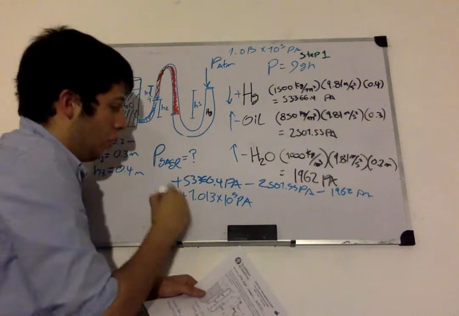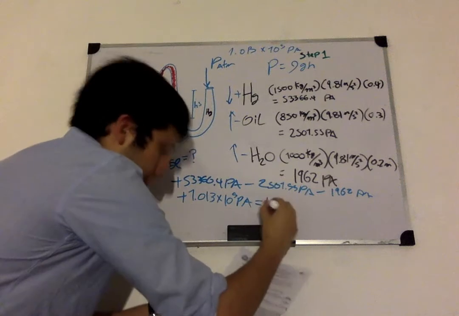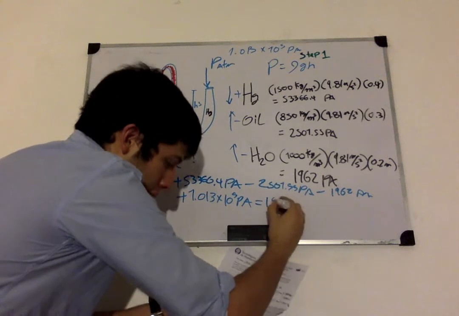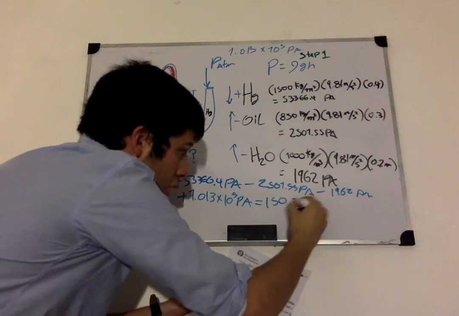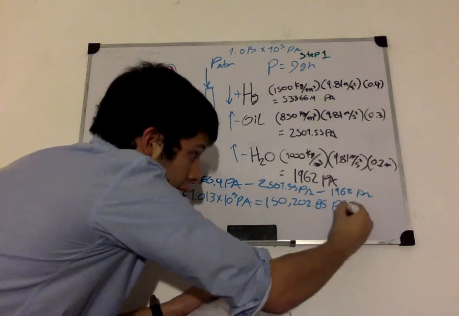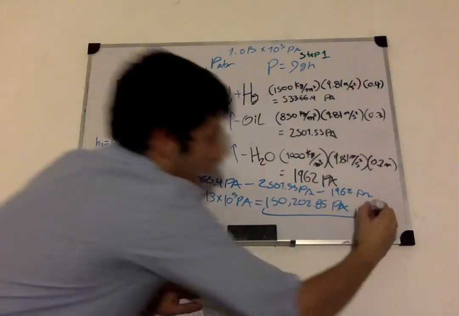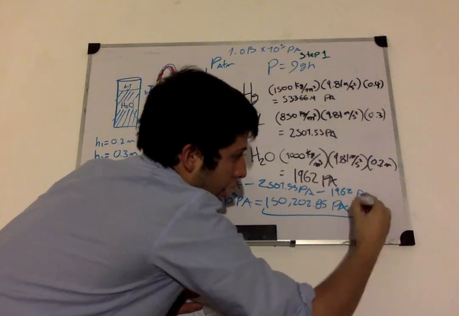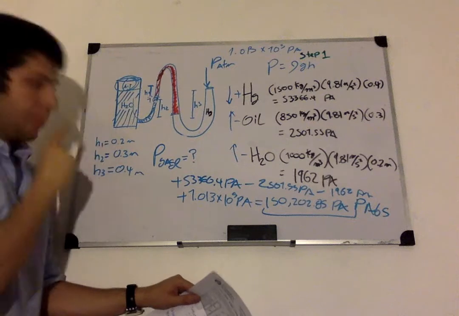If we do all this calculation, it gives me this quantity, 150,202.85 pascals. And that's the absolute pressure inside the tank in which the air is here.